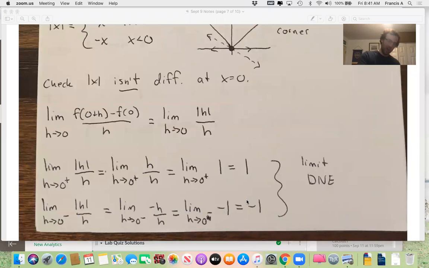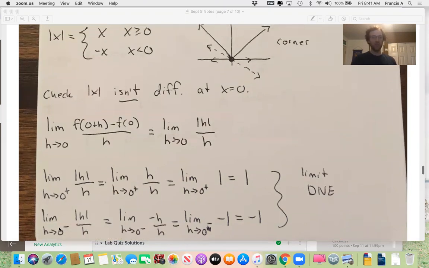On the other side, if we approach 0 from the left of the absolute value of h over h, now what we're looking at is what is the absolute value doing if we're using negative numbers? And if we're negative, we are adding an extra minus sign to make it positive.